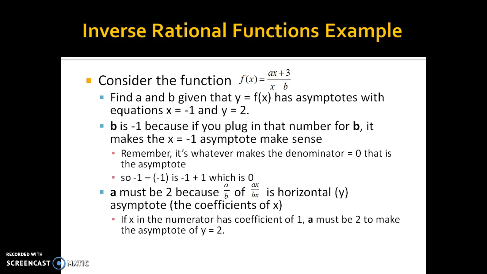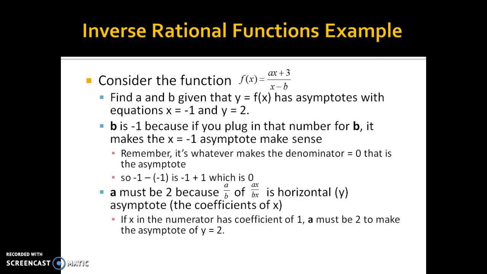Now a. Remember, it's the coefficients of the x's, both the x's in the numerator and the denominator. You don't disregard anything that doesn't have x in it. So a must be 2 in this case. Just pretend you don't know what it is.